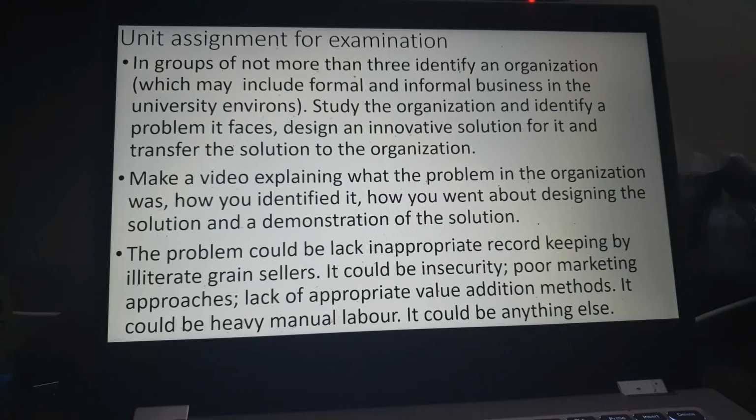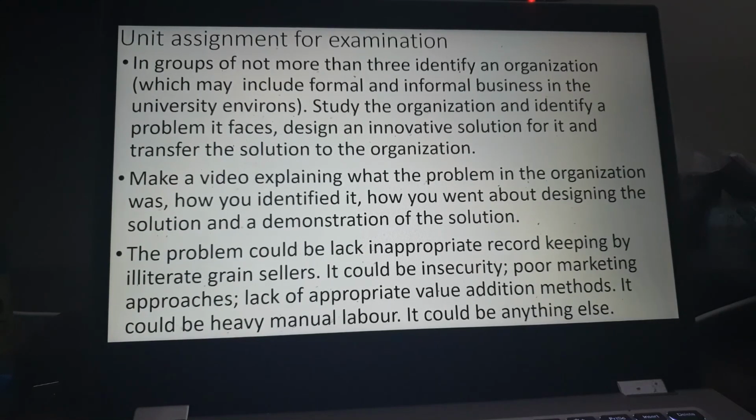Then design an innovative solution for that problem, and transfer that solution to the organization. Make sure the solution reaches the organization. That is your examination. Make a video explaining what the problem in the organization was, how you identified it, how you went about designing the solution, and a demonstration of that solution. Minus that, you are not passing this exam.